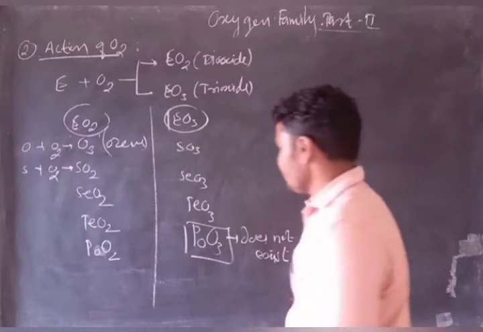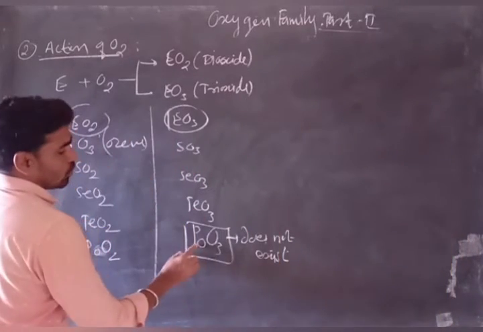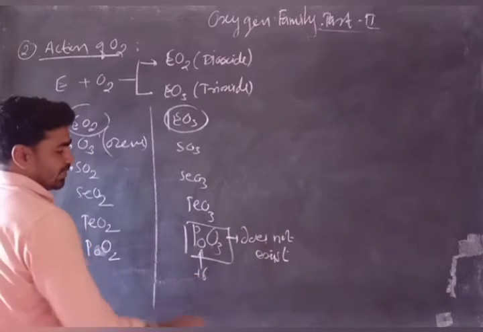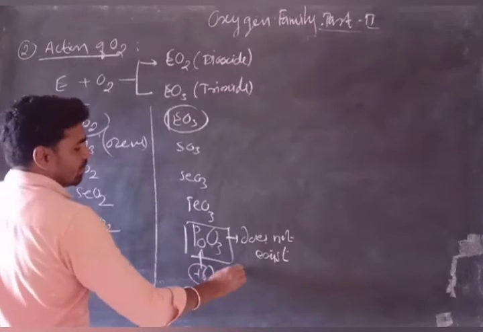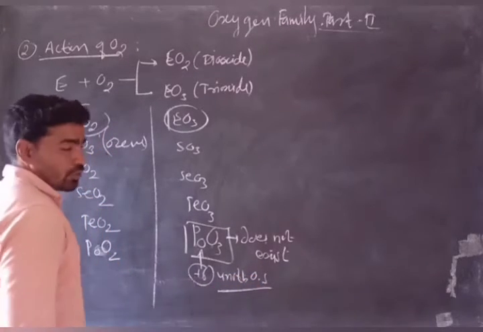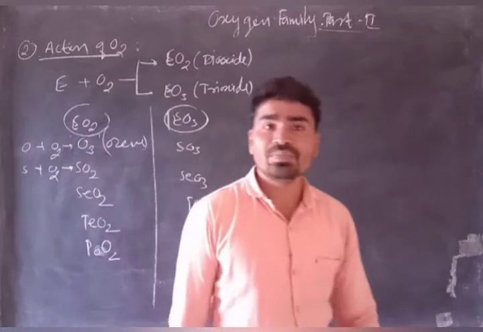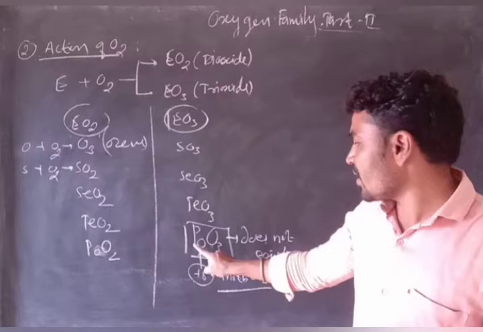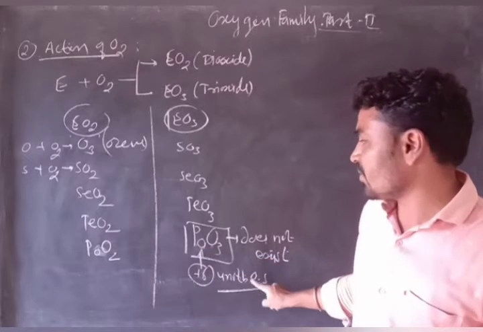Try to remember this. If polonium trioxide is formed, it has a +6 oxidation state, which is an unstable oxidation state for polonium. The stable oxidation state for polonium is obviously +4. So in +6, polonium forms a very unstable compound.